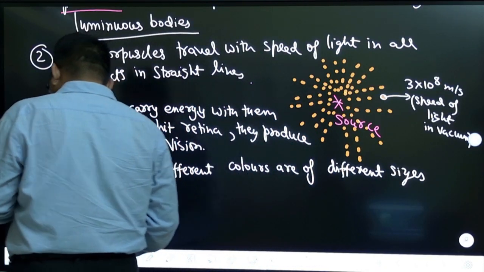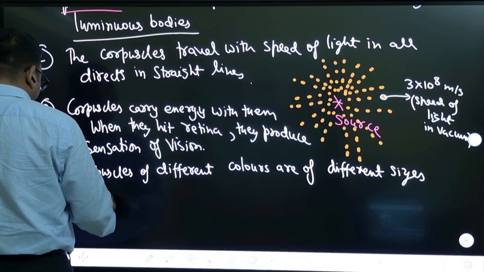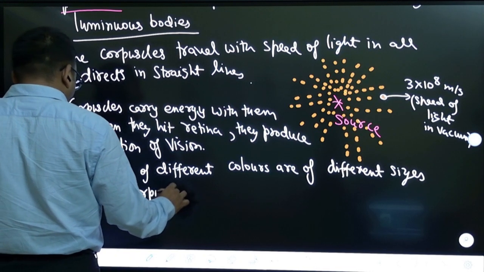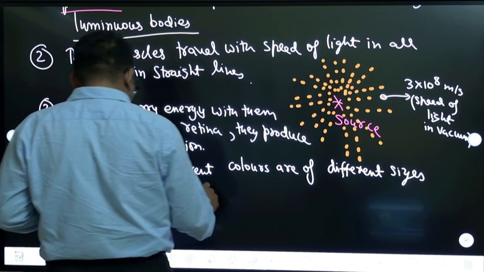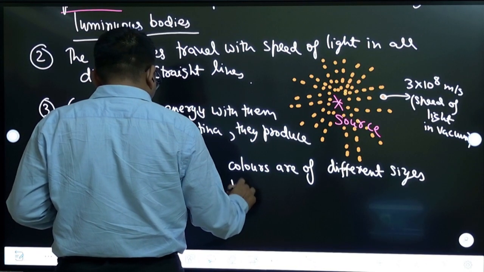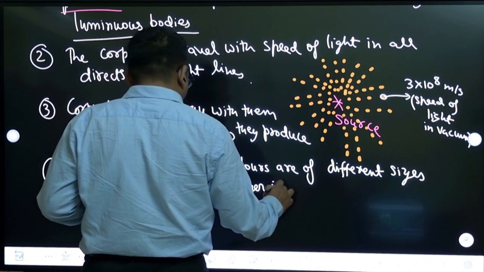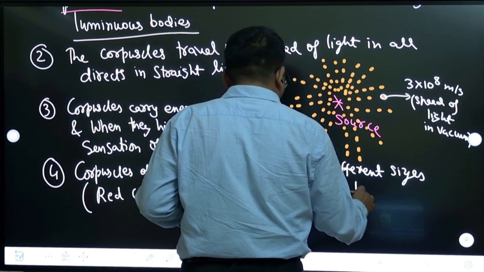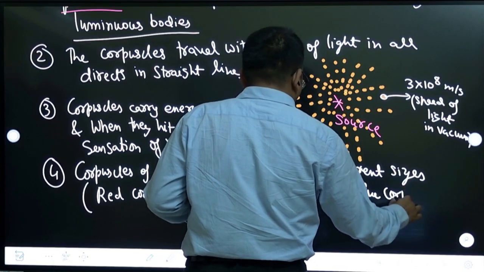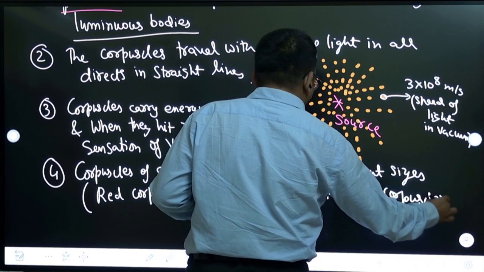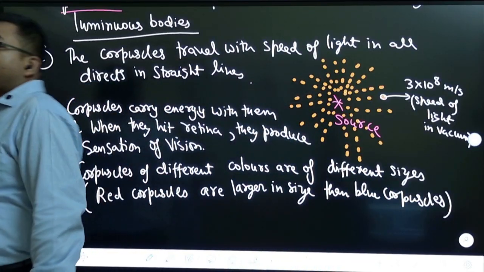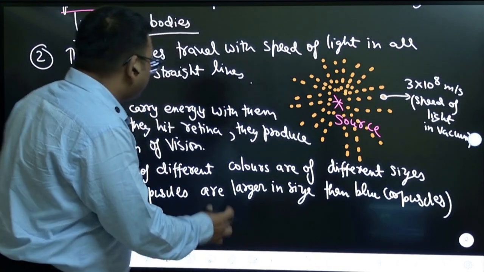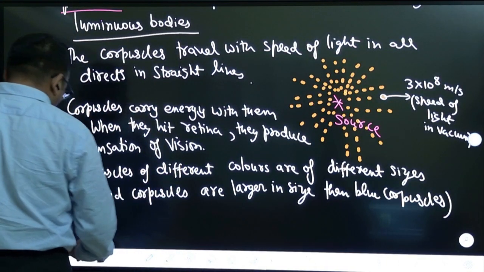For example, if you compare red corpuscles, they are larger in size than blue corpuscles. So the particles of red color light are larger than those of blue color light.